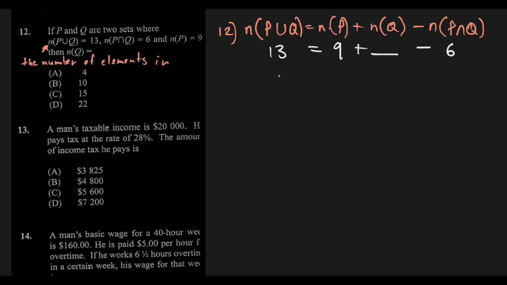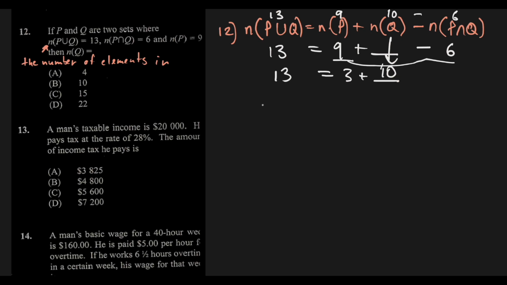So if I was to simplify this, I would have 13 equals 9 plus something, take away 6. Since I don't know what this is, I could just say 9 take away 6 right now is 3. So 3 plus something gives me 13, which is 10. So that means that this Q here is 10. If we back check it, it would be 13 up here, 9 here, 10 here, minus 6. And 9 plus 10 is 19. Take away 6 is 13.